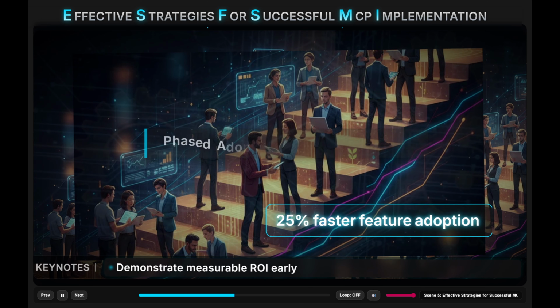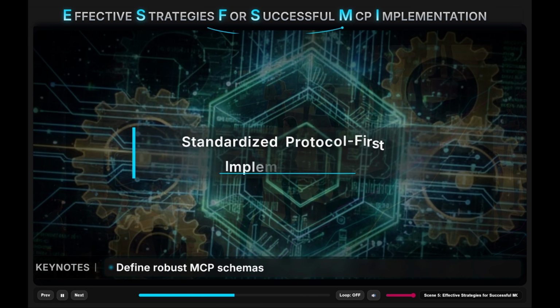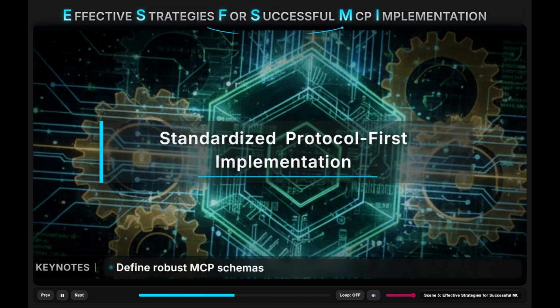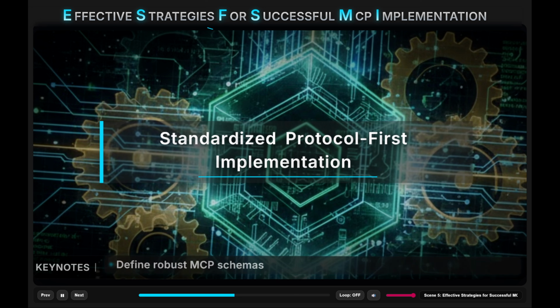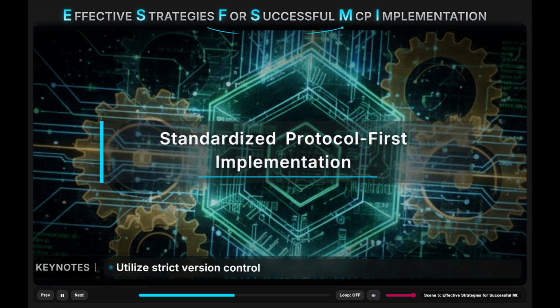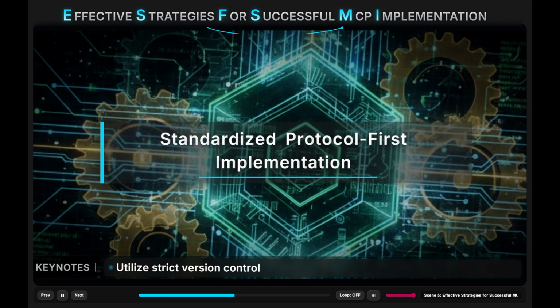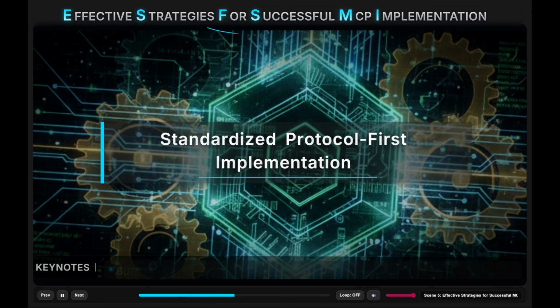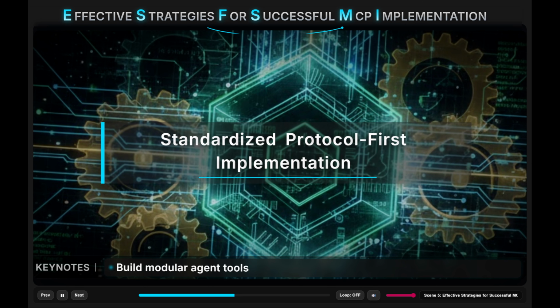This isn't about vibe coding or ad hoc integrations, which is a major pain point for many. It's about meticulously defining your MCP schemas, putting them under strict version control, and building your agent tools as modular, reusable components. This commitment to a robust, repeatable blueprint is what empowers you to build secure, cohesive, and hyper-efficient AI agent ecosystems.